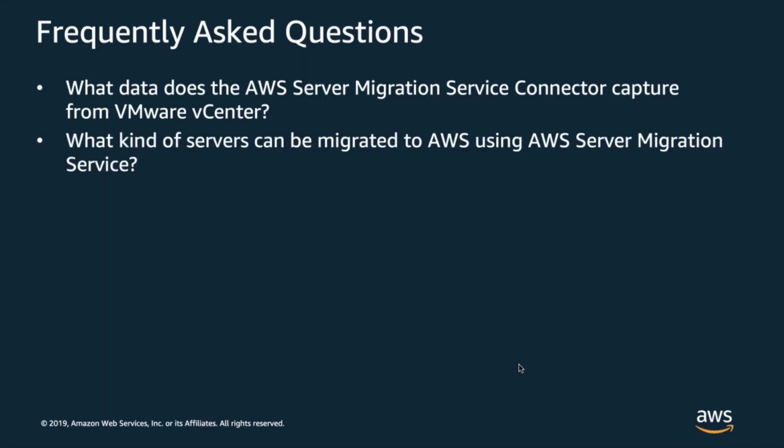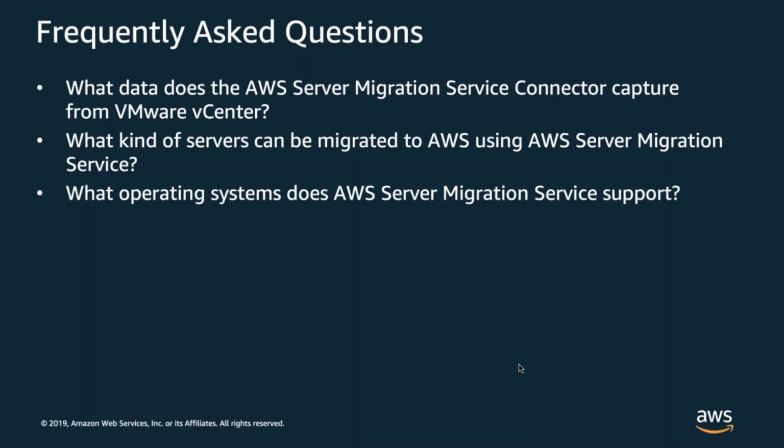The second question is, what kind of servers can be migrated to AWS using Server Migration Service? Like we saw in the demonstrations, you can migrate from Azure to AWS. You can migrate any applications which are running on VMware hypervisors. And also you can migrate applications or servers which are on Microsoft Hyper-V environments.